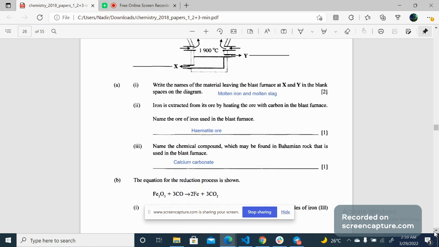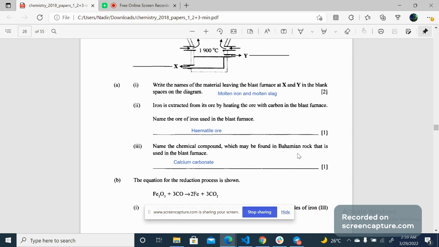Now the part three. This is a question about a geographical specification, naming a particular rock associated with the Bahamas, called Bahamian rock.